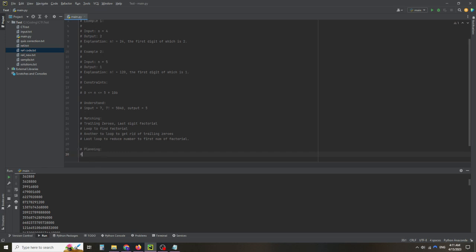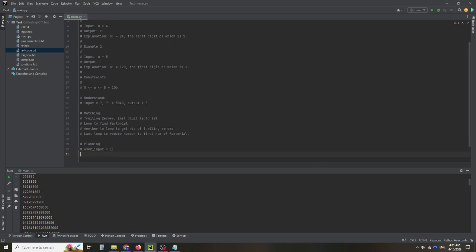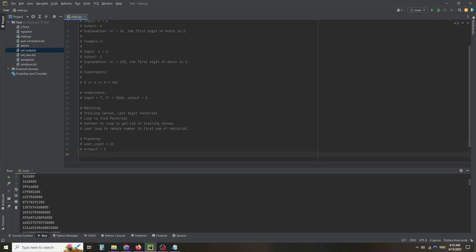Planning would be, well, first I need to take user input. Let's start with an example. I'll put that into big, and then I'll need a container to hold the final factorial product. This starts at 1, because you don't start with 0 when you're multiplying things.